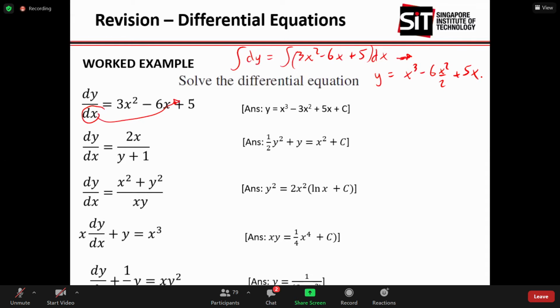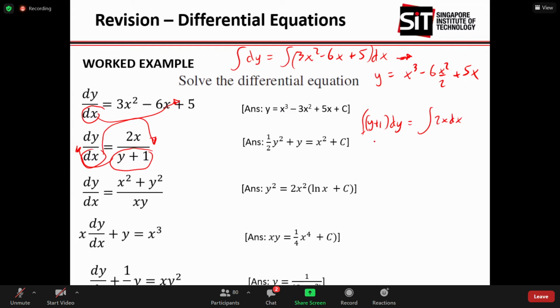The second one is a separable differential equation. So we can separate the variables so that we take y plus 1 to the left-hand side and we take dx to the right-hand side, so that the solution is given by the integral of y plus 1 in dy is equal to the integral of 2x in dx.